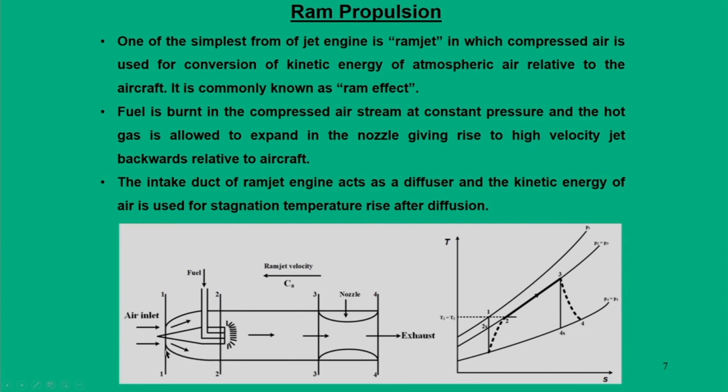Through this process, the duct, the inlet, acts as an intake and as a diffuser, which means the flow velocity decreases. So, the intake of a ramjet engine acts as a diffuser, and the kinetic energy of the air is used for the stagnation temperature rise after this diffusion process.